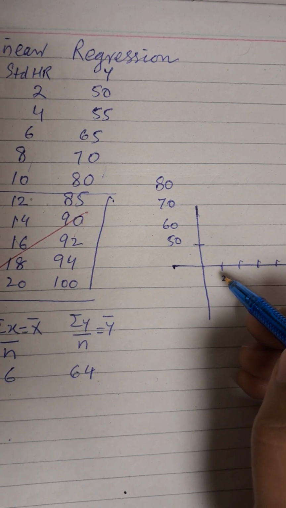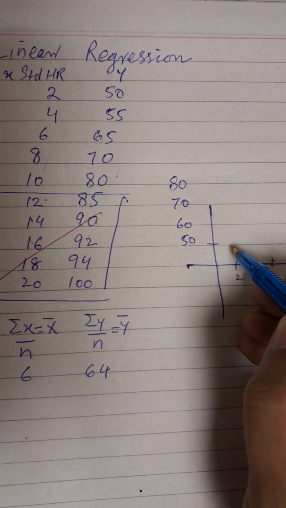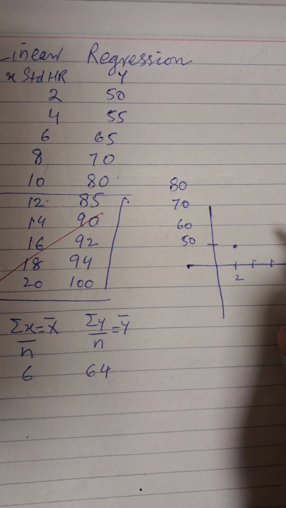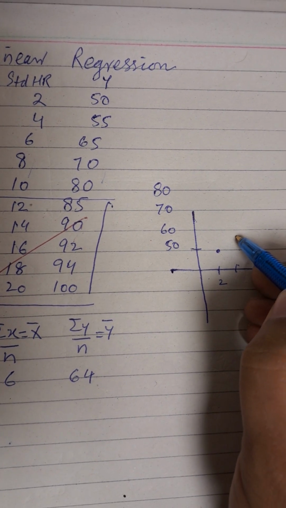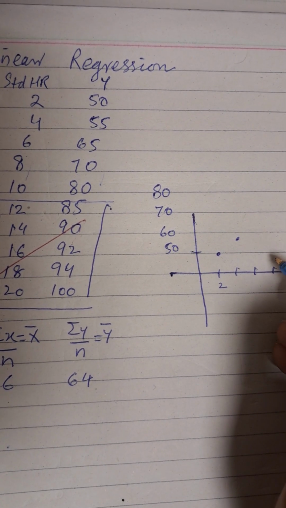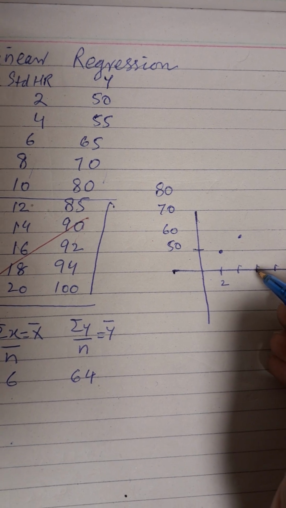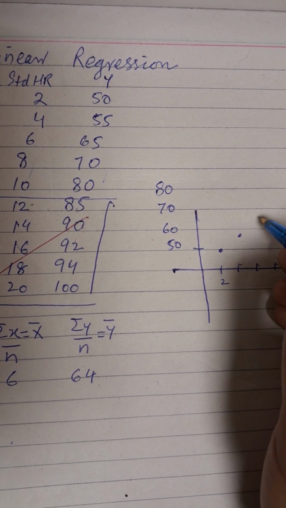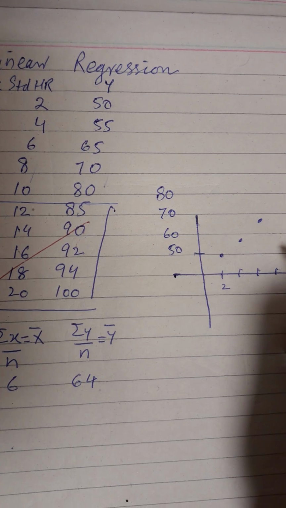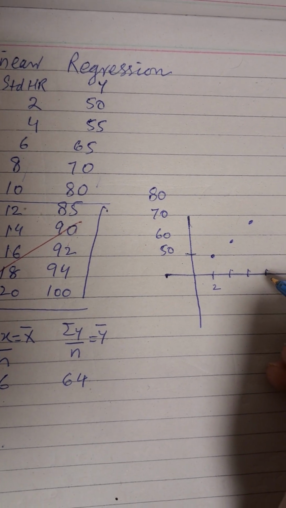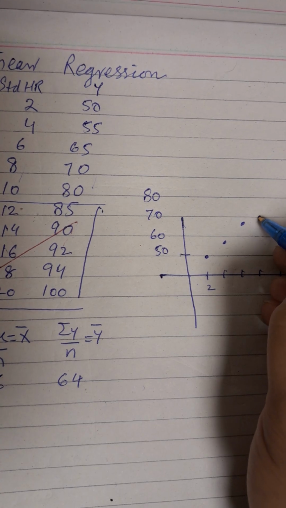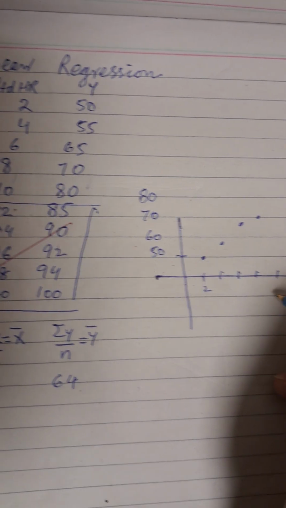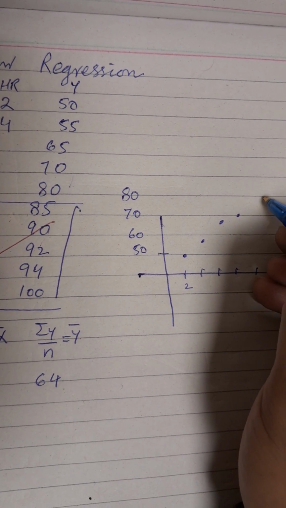So for the 2 hours case, we would have data over here. For the 4 hours case, the data point would be something here, and for 6 hours, it would be something in here. For the next one, it is 70. For the next one, the 10, it is up there at 80.